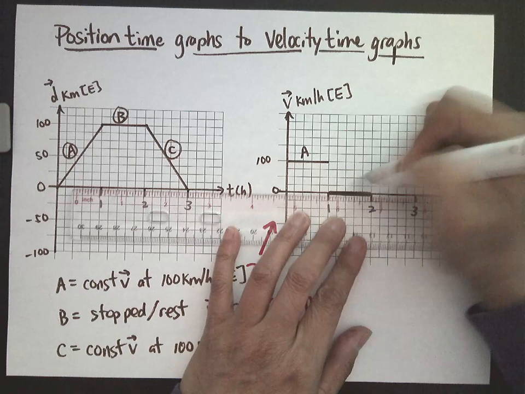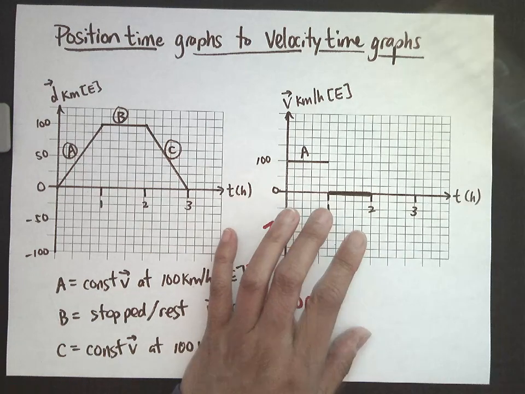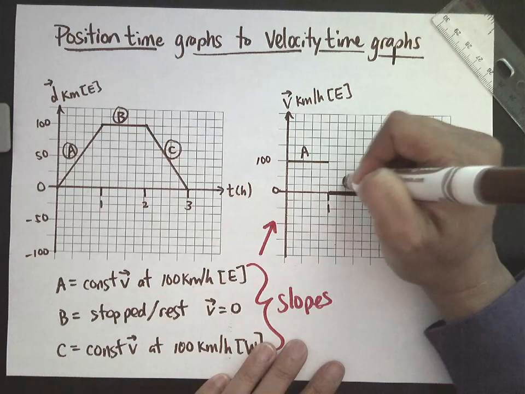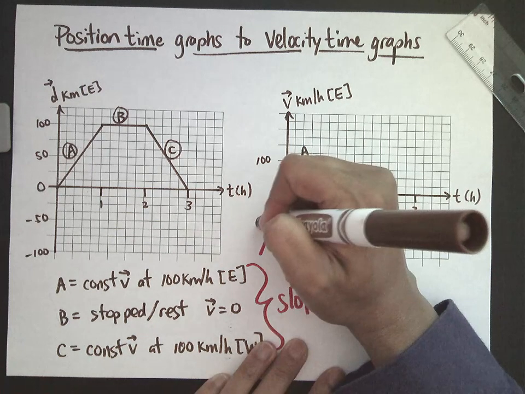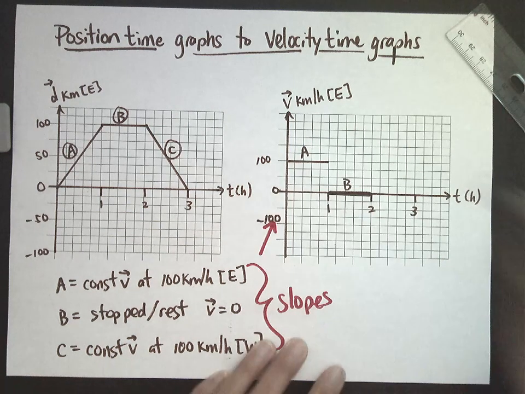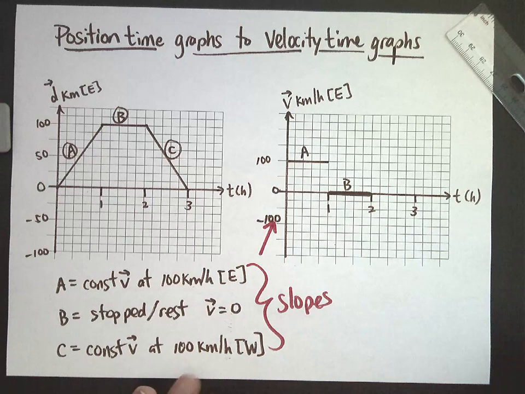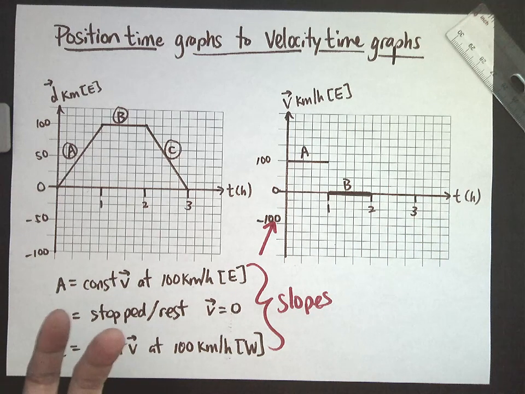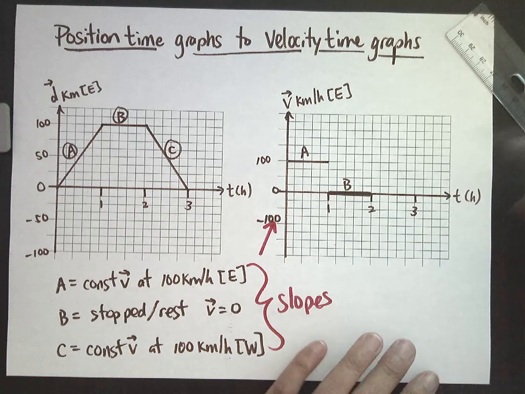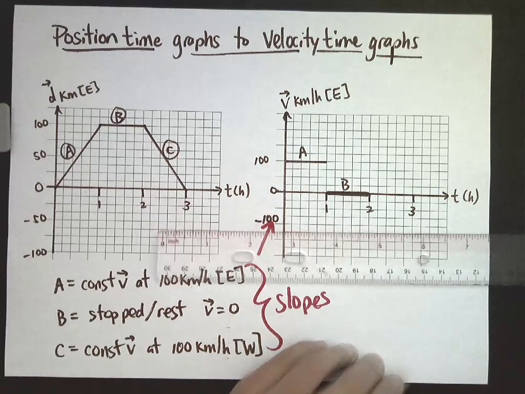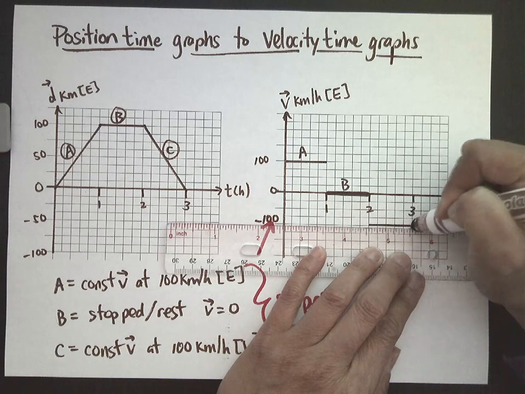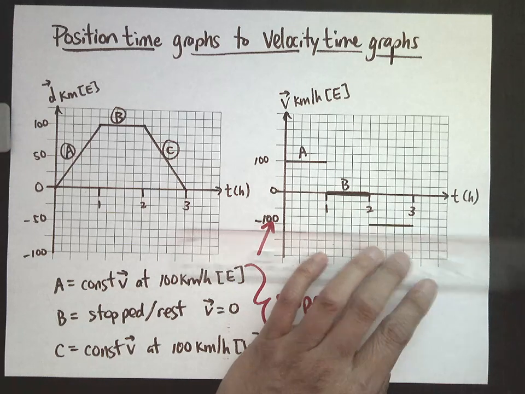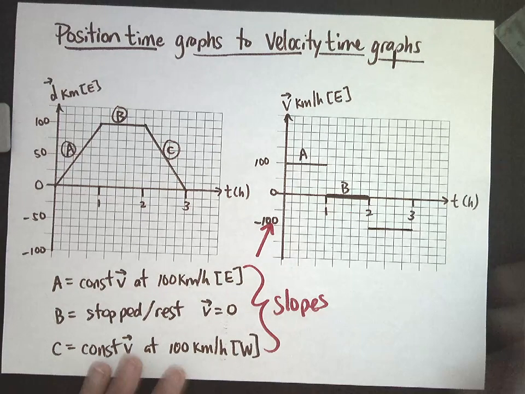So from 1 hour to 2 hours, it's going nowhere. So that's section B. And then the last part, which here is going to be a negative 100 kilometers per hour, or you can say 100 kilometers per hour west, it's going to be here between the second and third hour, like so.